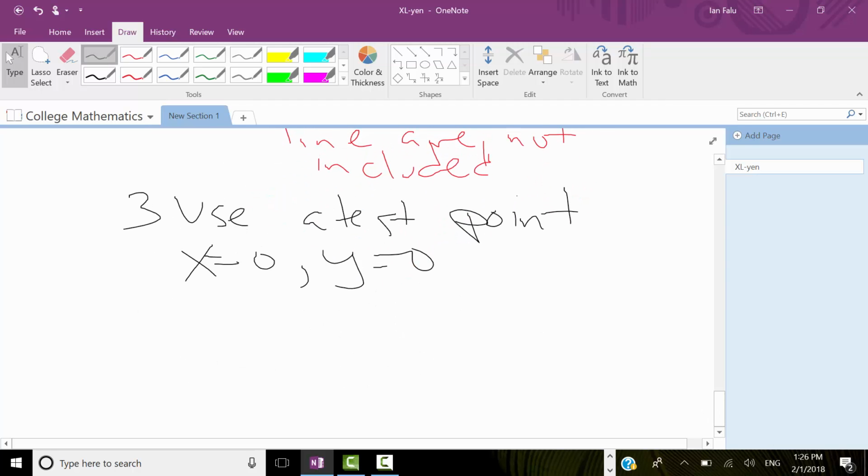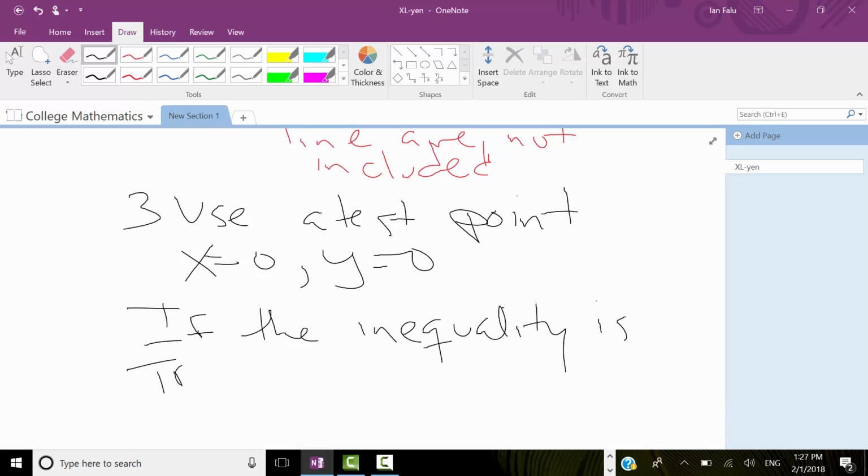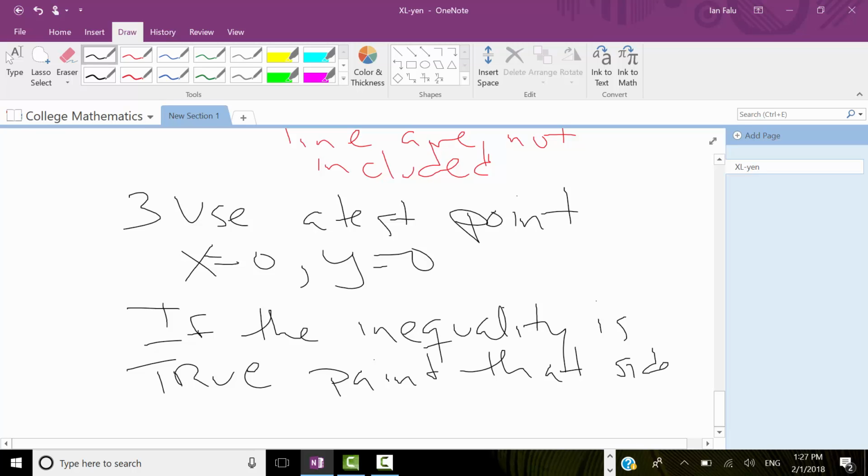If the inequality is true, paint that side of the region, right?